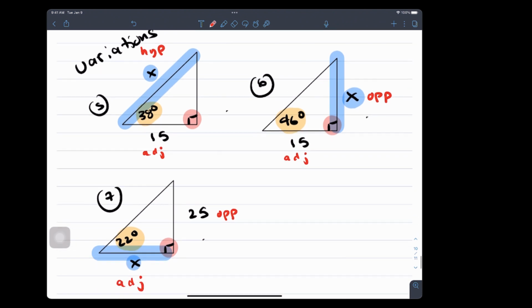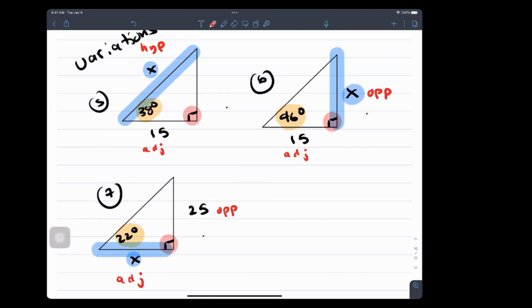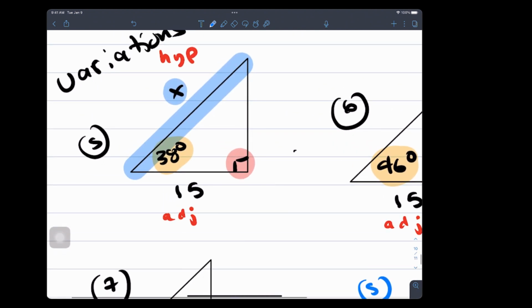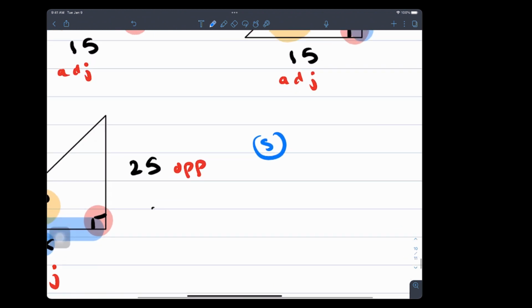Is that right? So for number 5 now, you're going to have to give me a trig ratio. What's the trig ratio for number 5 here? You got to know adjacent and hypotenuse. What trig ratio is adjacent and hypotenuse? Cosine of 38 degrees is going to be what? Adjacent.